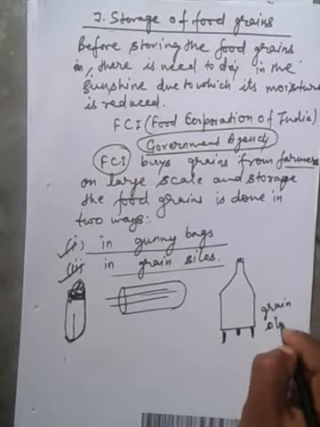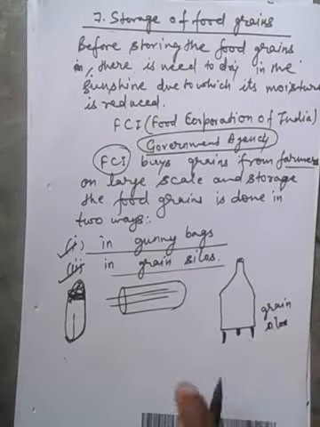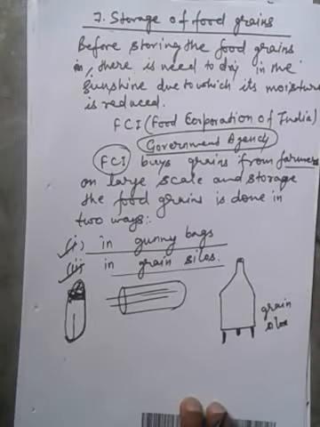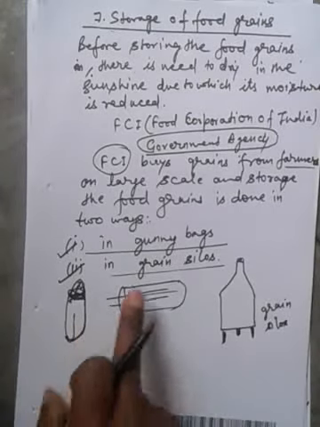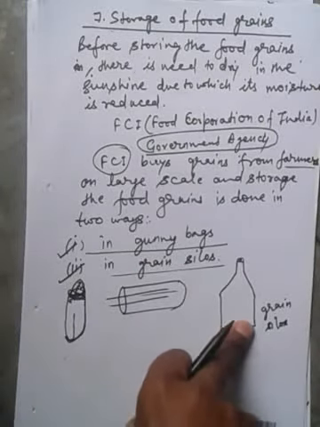FCI stores the food in two ways, either packed in gunny bags or in grain silos.